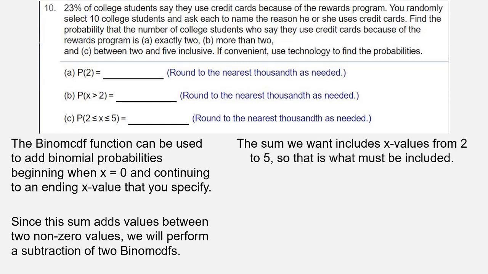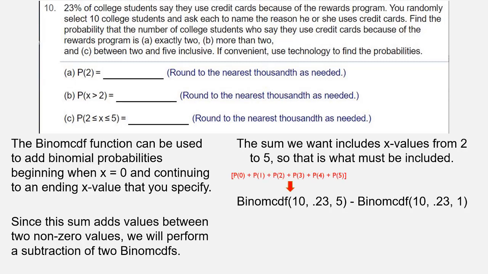So we're going to do the binomial CDF of 10, 0.23, 5. That's going to add up all the probabilities starting at 0, ending at 5. So that's probability of 0 plus the probability of 1 plus the probability of 2 plus the probability of 3 plus the probability of 4 plus the probability of 5. Then we're going to subtract away binomial CDF of 10, 0.23, 1.